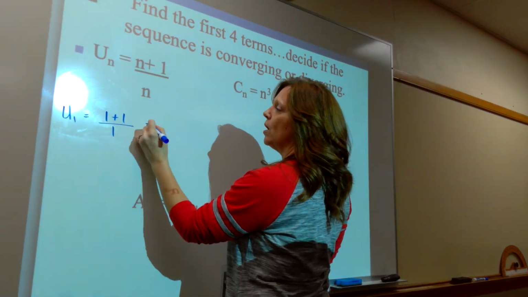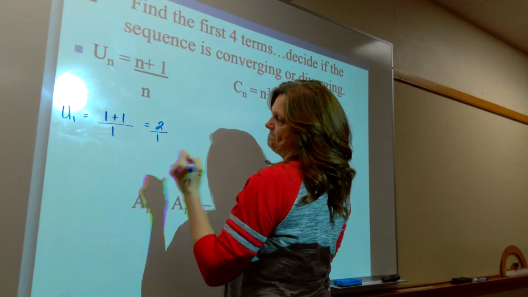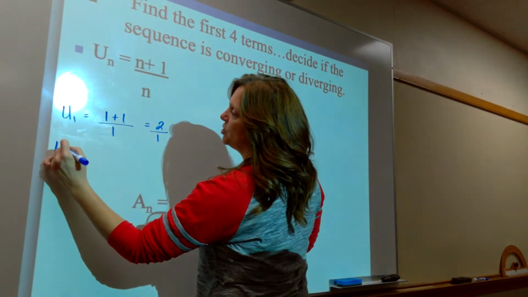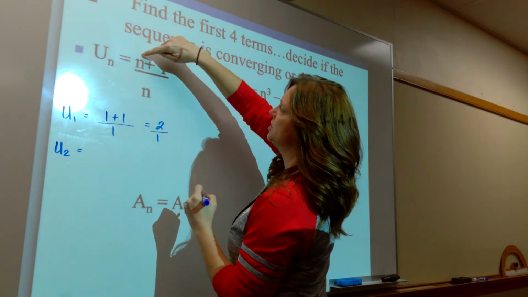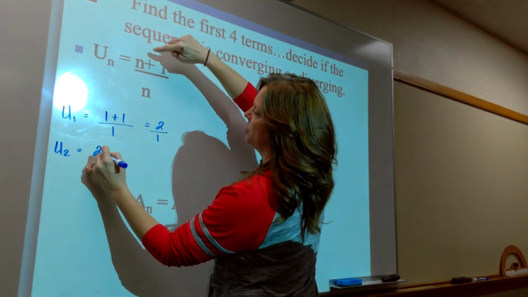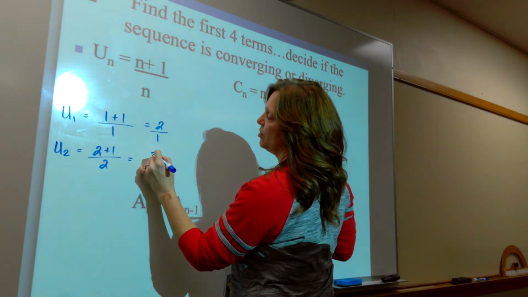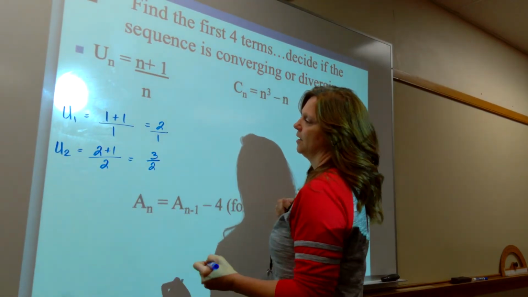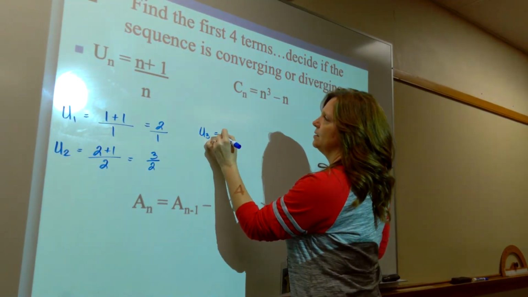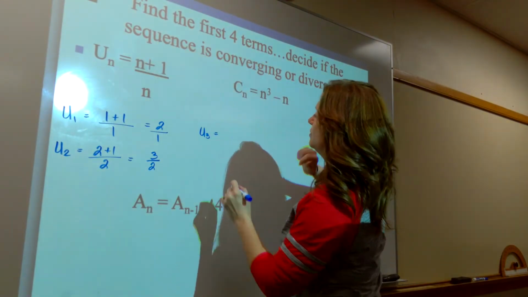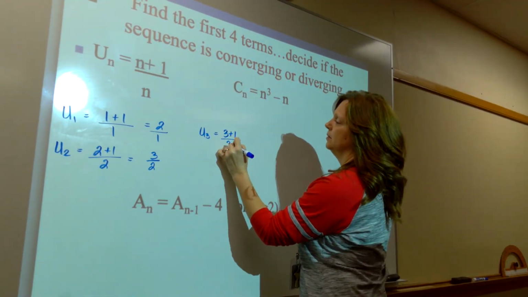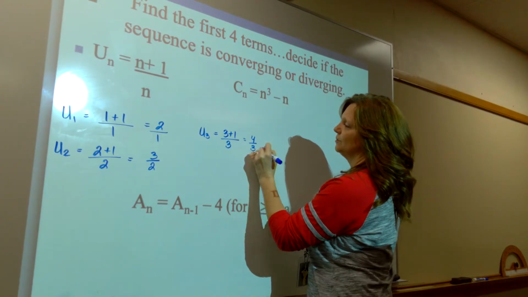So u sub 1 would be 2, right? Okay. U sub 2, the second term, I'd put a 2 and a 2 in, right? So I'd have 2 plus 1 over 2. So now we have 3 over 2. Okay. U sub 3, 3 plus 1 over 3, or 4/3.